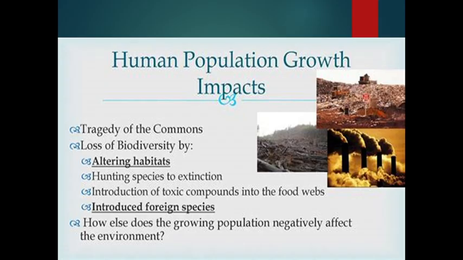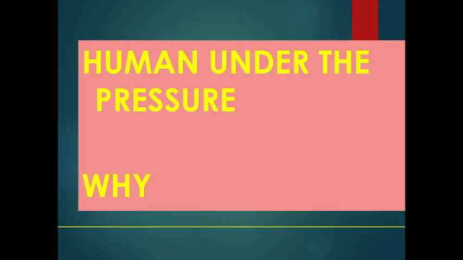So these are the environmental concerns. However, some others are also there: ozone layer depletion, then the greenhouse effect. Similarly, acid rains are also there, and toxic pollutants have also increased. So humans are under pressure. Why this pressure? Because the human population explosion occurs.